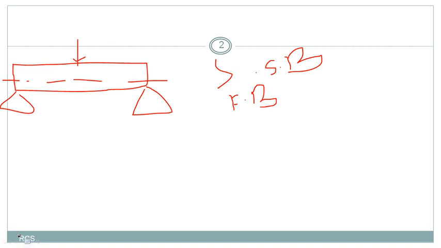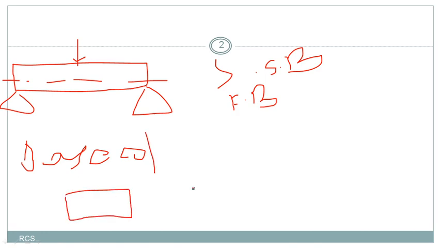Based on shape also, these beams are categorized into two categories. One is rectangular beams, or here we have square beams also, right?